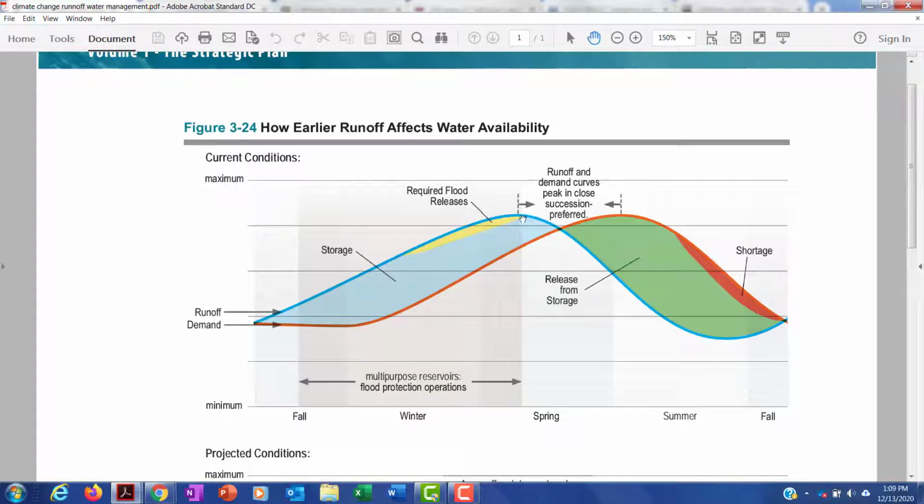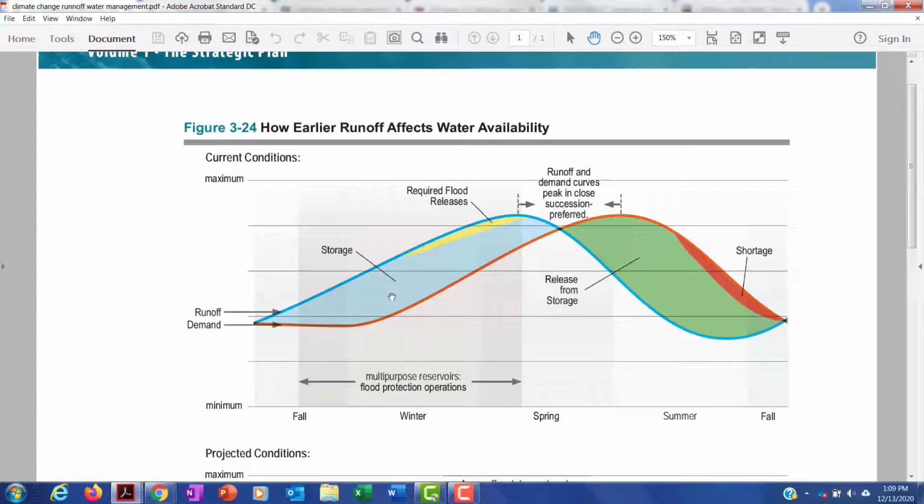It peaks around early spring, but our demand peak is in summer. So when it's hot and we want to irrigate, that's when we want the water. We get the water in late spring, so we have to bridge this gap between water supply and water demand. And we use dams and storage, hopefully snowpack, if we can, to manage this gap.